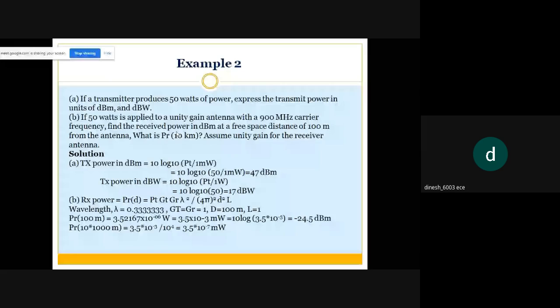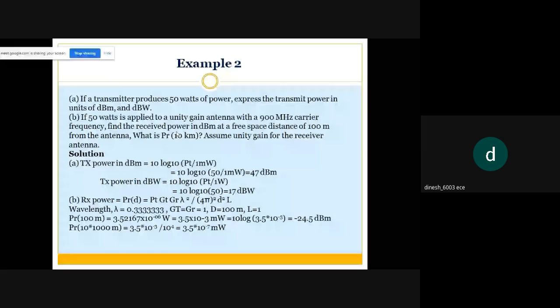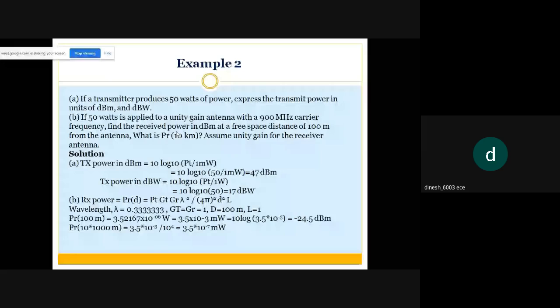Then GT is the transmitting gain, GR is the receiving gain. The antenna has unity gain as given in the question, so equal to 1. The distance d is equal to 100 meter, and L is taken as 1. Okay, so substitute that in this formula.